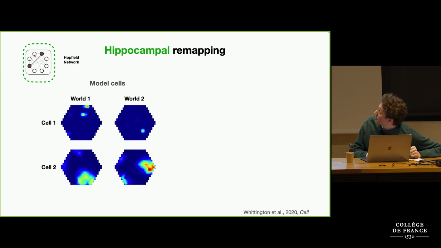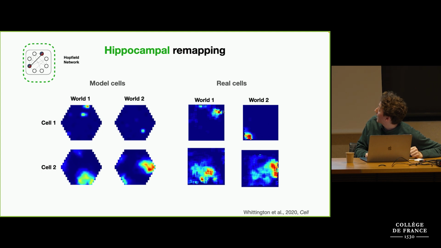How about in this hippocampal memory system? Well, something interesting goes on here. So cells that fired at the top in one world will now maybe fire somewhere else. Or a big cell that fires over here in one world will also fire in some other location. And this is the phenomenon that's called remapping, and it's also observed in real hippocampal cells as well.